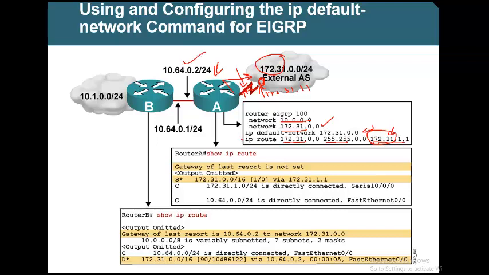So when you do this, what happens? You see the static route, and that network is defined as a default route. So EIGRP will also know that I'm advertising a default route. I'm advertising the route of the default network.